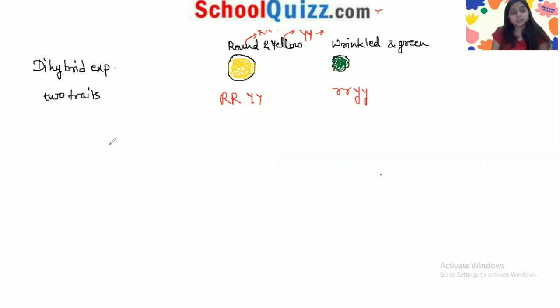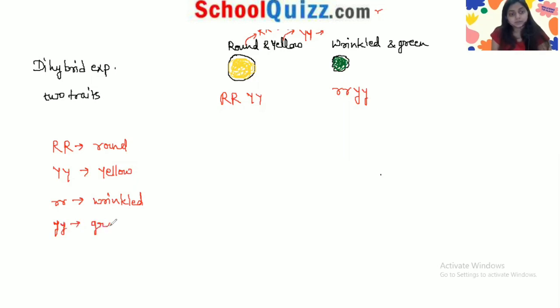Let me write here. Capital R is for the round, capital Y is for the yellow, small r is for the wrinkled, and small y is for the green.